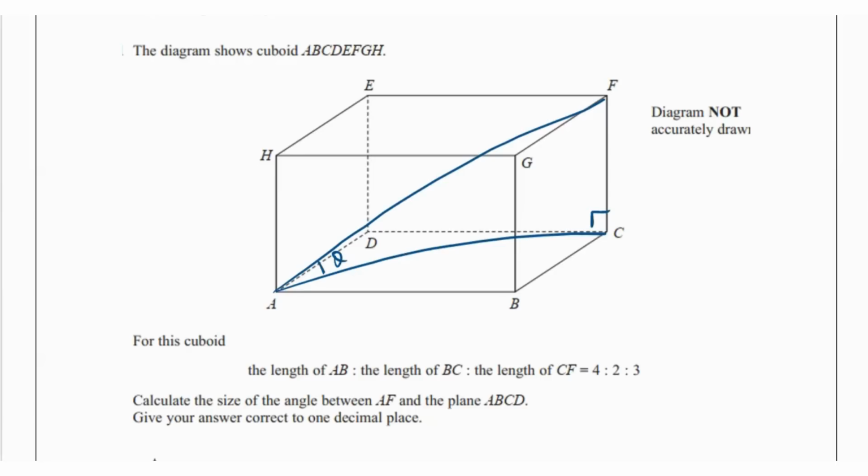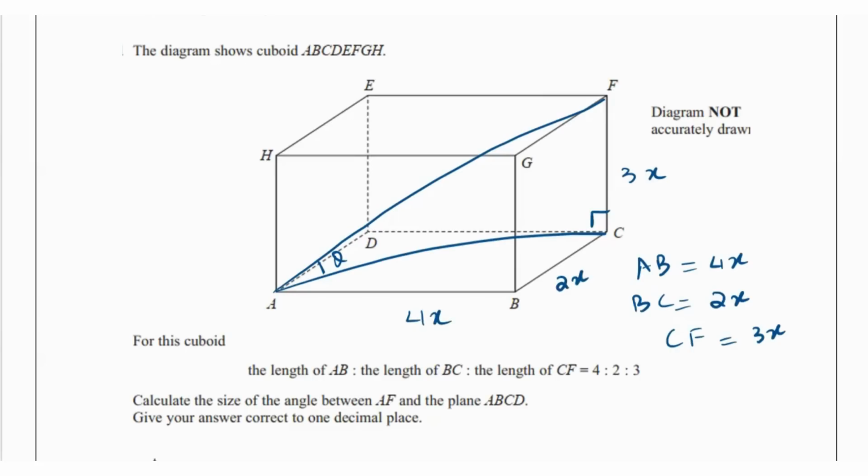So what we will do is that the length of AB we can say is 4x, BC is 2x, and CF we can say is 3x. So this is 3x, this is 4x, and this is 2x.